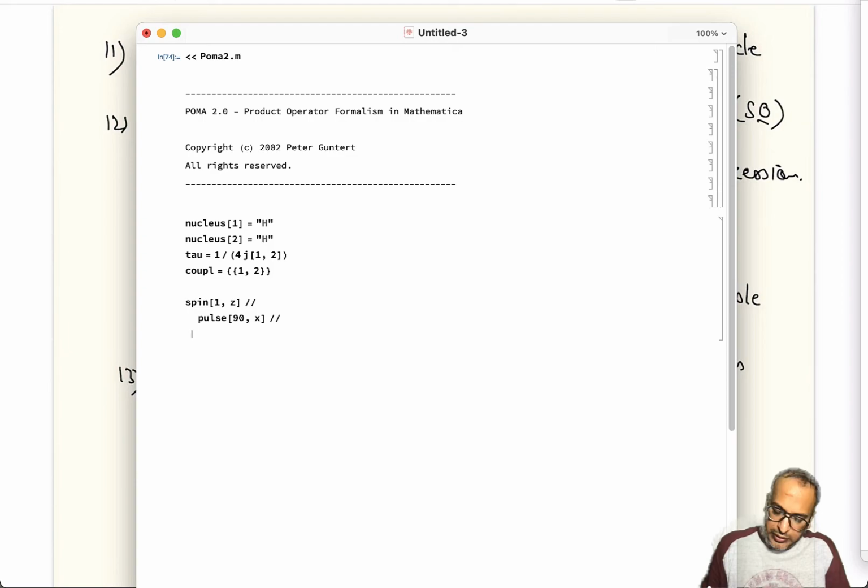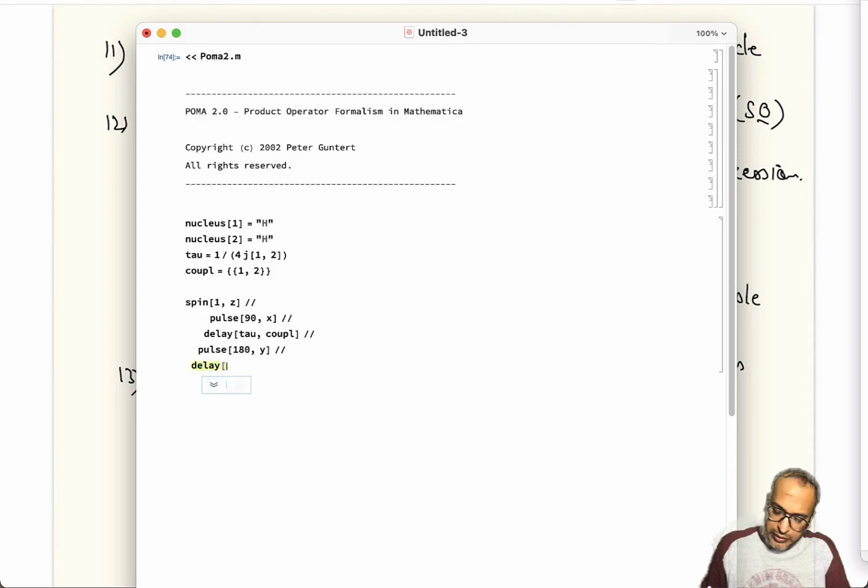Then after the 90-degree pulse, you have a delay, and that delay is for the tau period, and during the tau period coupling has to evolve, right? And after that you have a pulse, which is a 180-degree pulse with y phase, and this is also applied on both the spins. Then you have a double slash and a delay again.